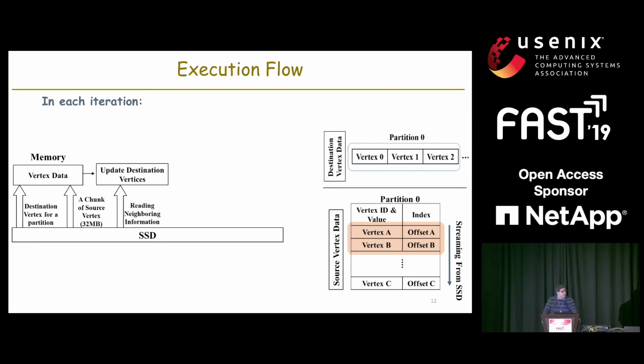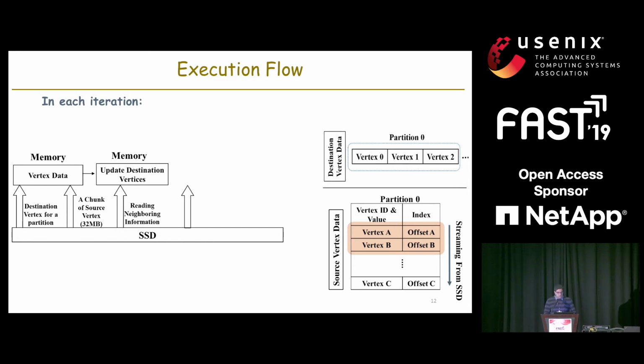So now, at this step, we have a set of destination vertices, all the source vertices to those destination vertices, and we can also figure out their neighboring information based on the edge information. And we can run the graph algorithm for this part, and hence update destination vertices of this partition, which are already in the main memory.